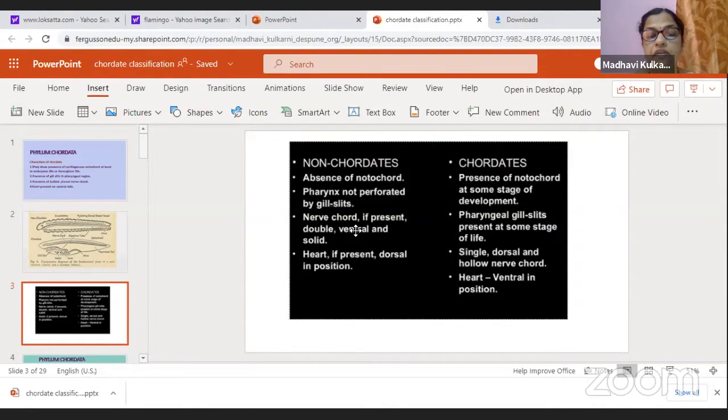The nerve cord, if present, is double, present on the ventral side and solid in nature in non-chordates, while the nerve cord is single, always present on the dorsal side, and hollow in nature. That is a peculiarity of chordates. The heart in non-chordates is always in the dorsal position, while in chordates it is on the ventral side.